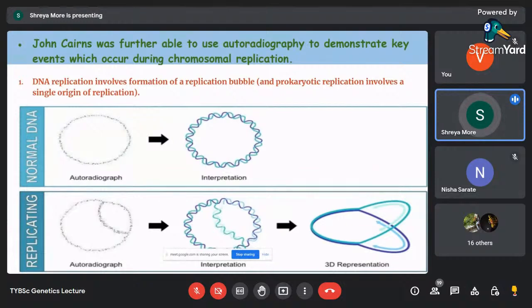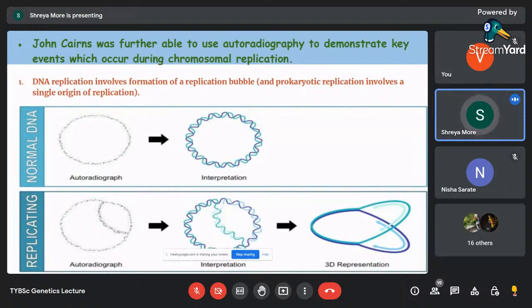John Cairns was further able to use autoradiography to demonstrate key events which occur during chromosomal replication. DNA replication involves formation of a replication bubble. So how is it formed? One strand of DNA is replicated into two identical copies.